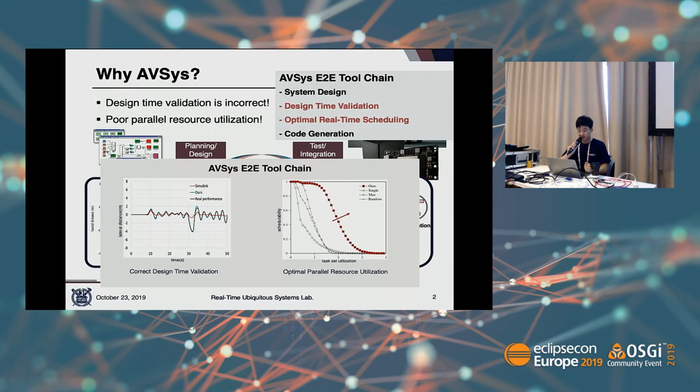As you can see, the simulation result on the left side offers correct design-time validation, which means the simulation result is very similar to the actual behavior. On the right side, for optimal parallel resource utilization, we developed our own research results, so it can cover the utilization of the real-time tasks. I'll introduce these systems.